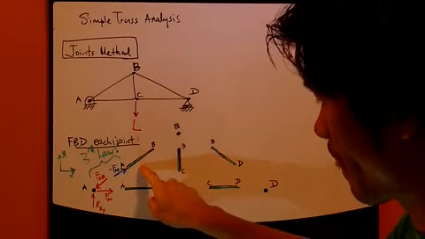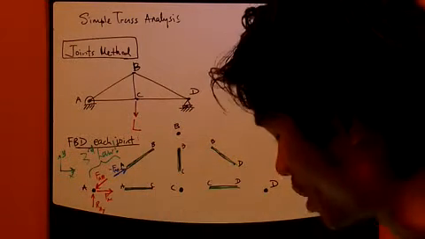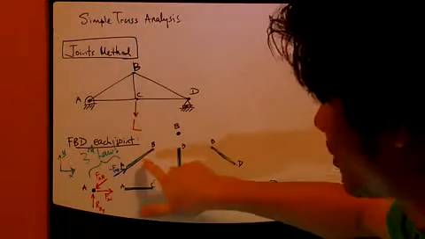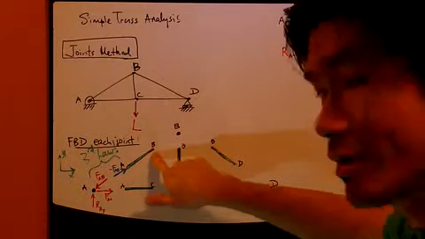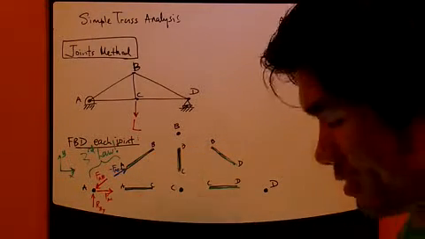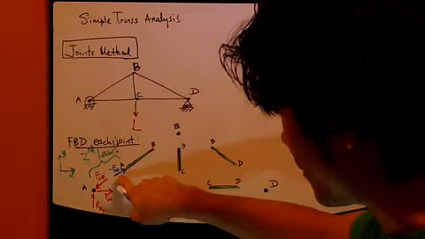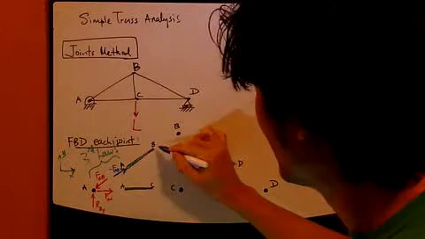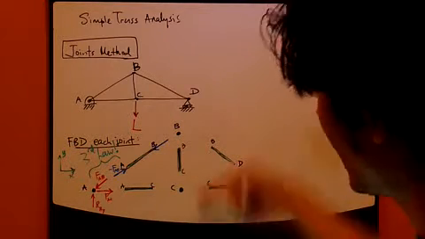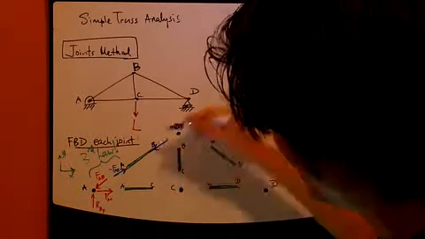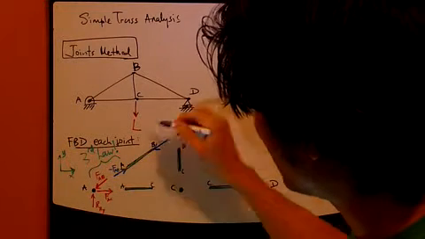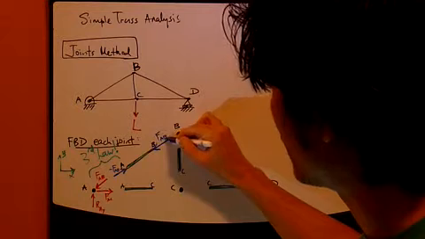At the same time, in order for this member to be in equilibrium, and knowing that this is a simple truss, and simple truss means each member is a two-force rigid body, a two-force member, that means this is the first force, the second force must be pointing this way, along the same direction as AB, but the opposite direction of this guy right here. Since this is a negative FAB, I'm going to call it positive FAB.